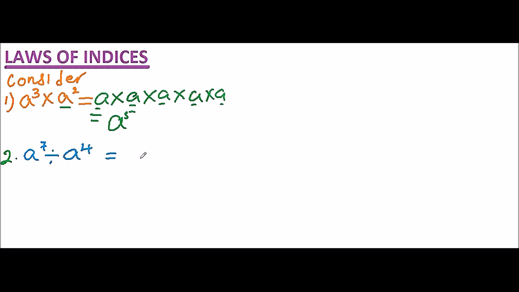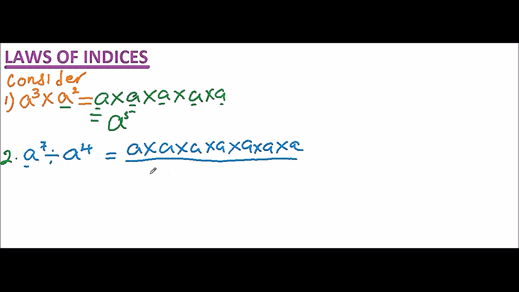We can write a to power 7 as a multiplied by a multiplied by a multiplied by a multiplied by a multiplied by a multiplied by a, 7 times: 1, 2, 3, 4, 5, 6, 7. All of this is divided by a to power 4, which is a multiplied by a multiplied by a multiplied by a. Since a is common, we can divide a by a, and get 1.